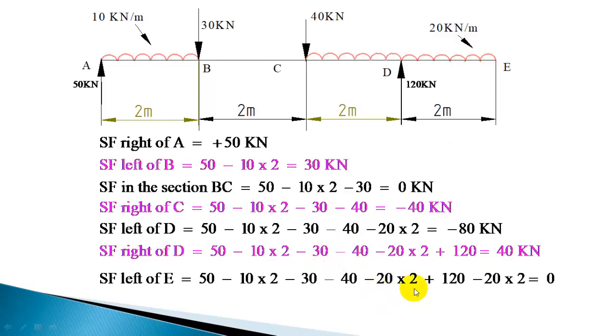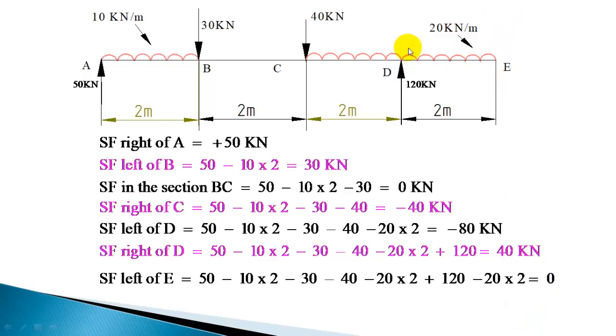You can club these two. So total 20 into 4 meter, instead of writing minus 20 into 2 two times, treating this portion and this portion separately, you can take 20 into 4, which is minus 80. So minus 80 plus 120, that will give 0, and at E also it will be 0.